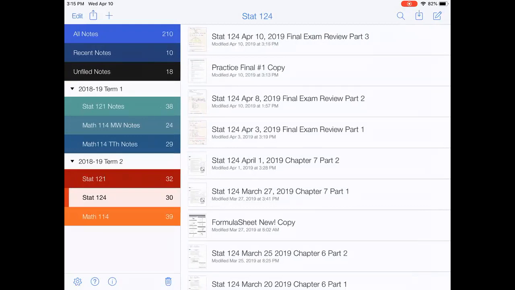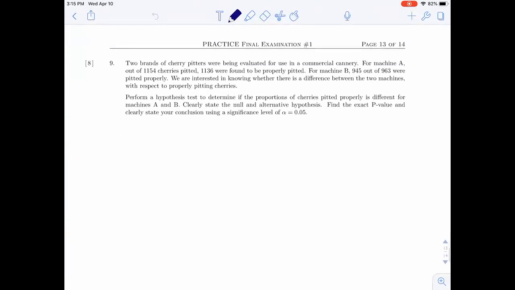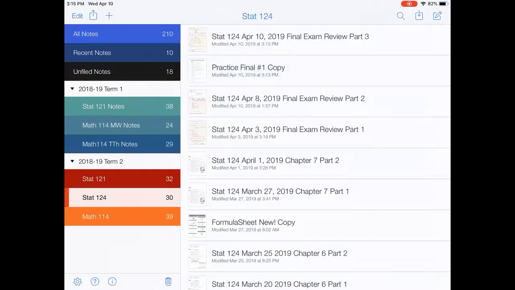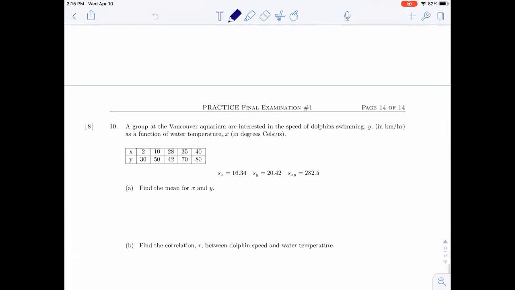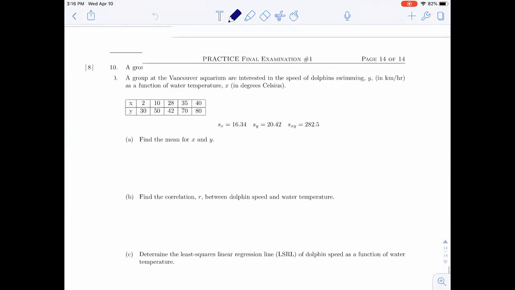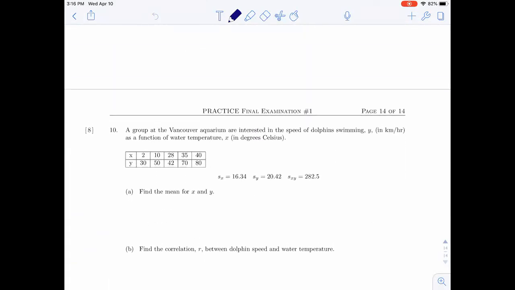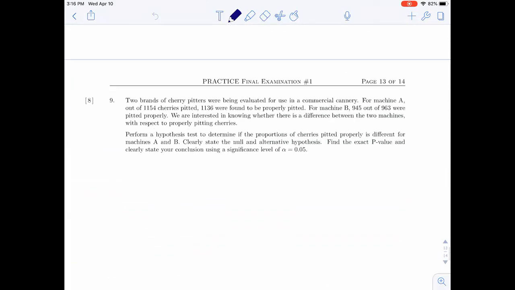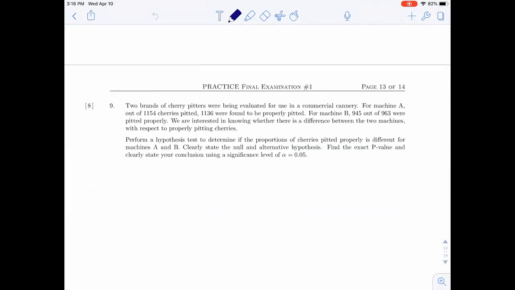Let's see what we can do on the 2 sample proportion one. On the plus side, you did it on your assignment. Do you guys want to do the 2 sample proportion or the regression one? The regression one? So 9 is just 2 sample proportion.